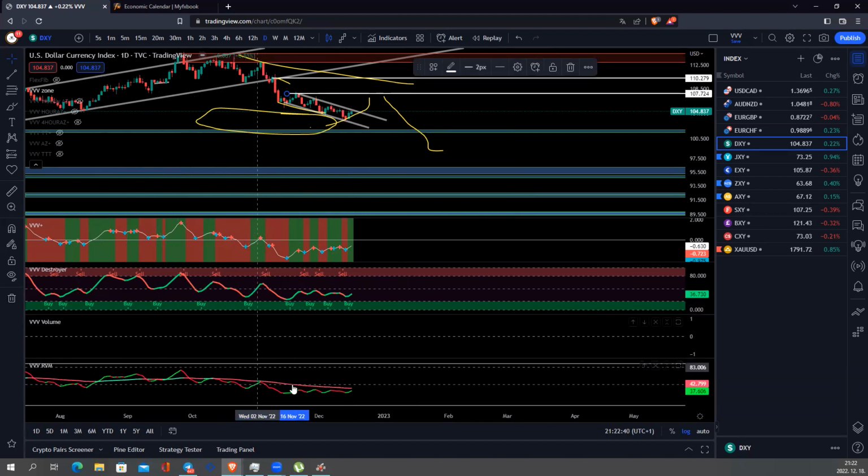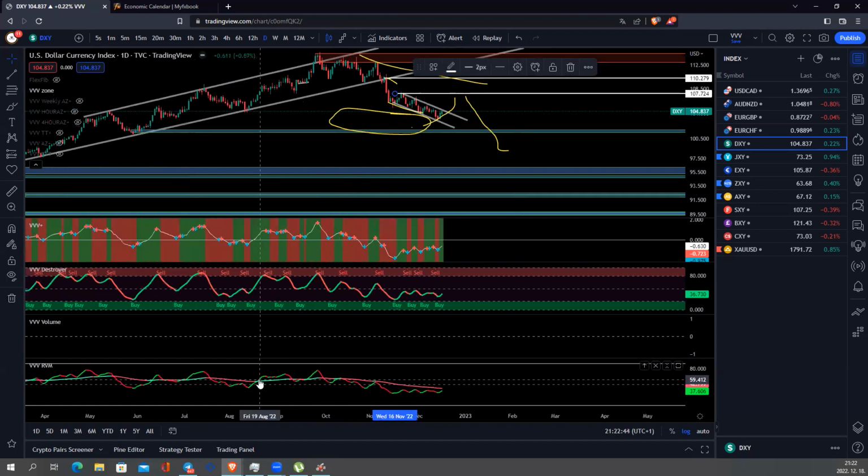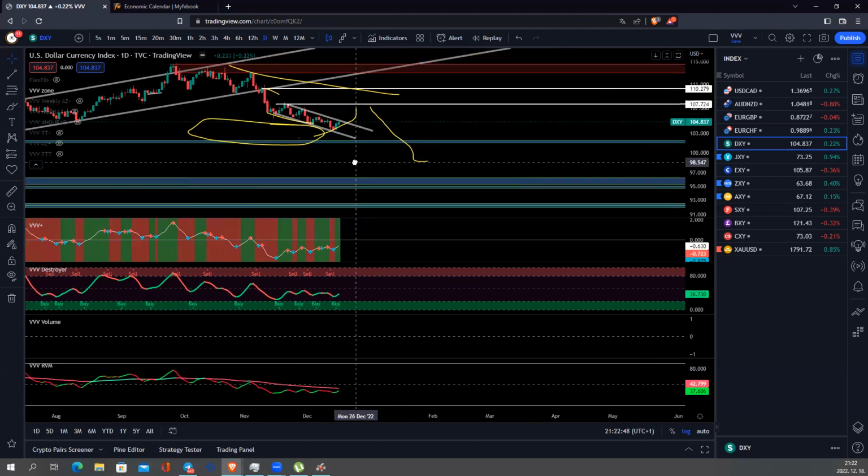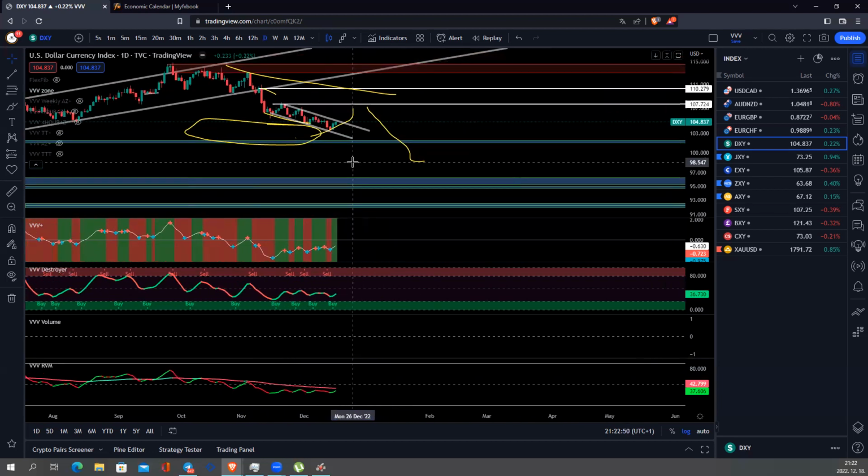The movement on the Destroyer and the RVM is almost the same, but still there are differences, because the two indicators are based on different settings. Both of the indicators are RSI based, but the moving average is different, and the way that they move is different.